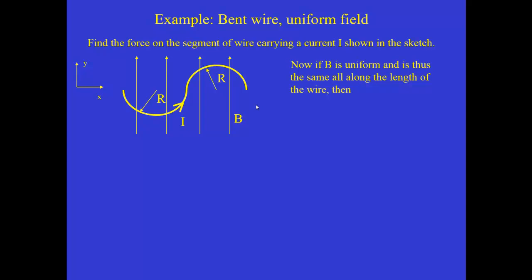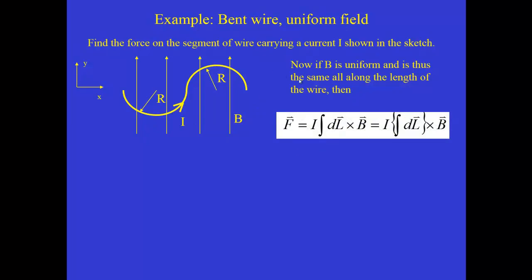If B is uniform, and it's therefore the same all along the length of the wire, then here's what we do. We start with the definition of the force, I times the integral of dL cross B, and since B is uniform, we can write the cross product like this.